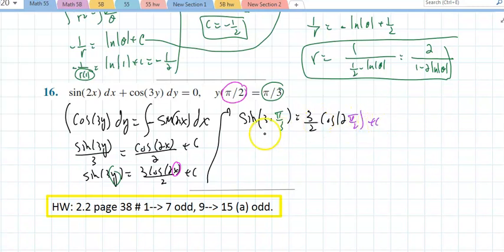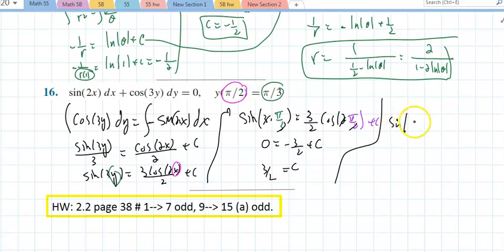So I could say that sine of pi is 0. That is negative 3 halves plus c. I could say c is 3 halves. And that would mean that the sine of 3y, I'm talking about this, equals 3 halves the cosine of 2x plus 3 halves.